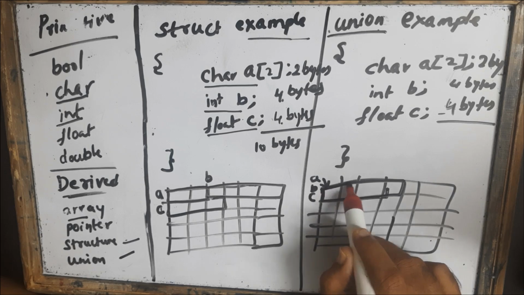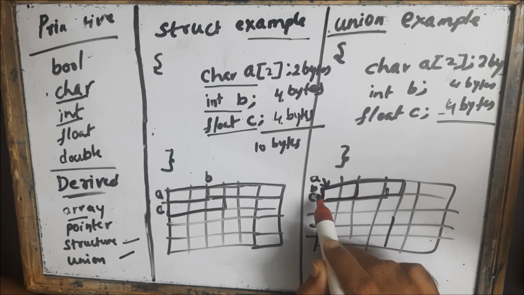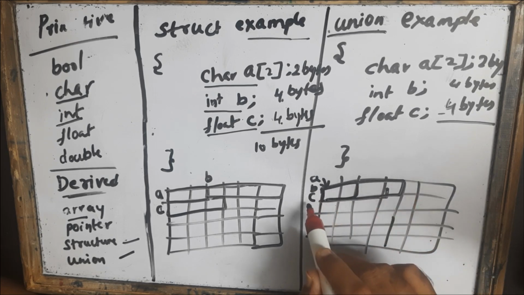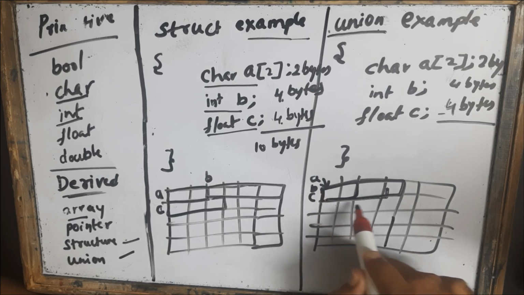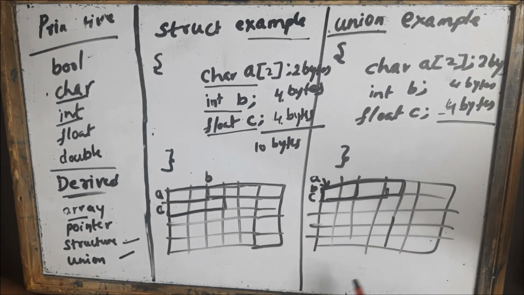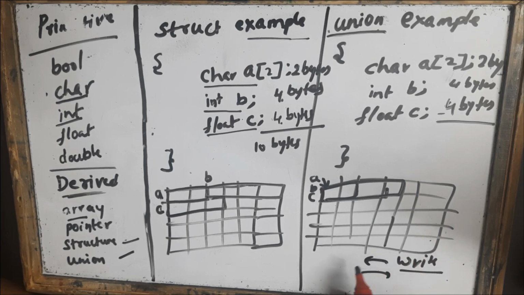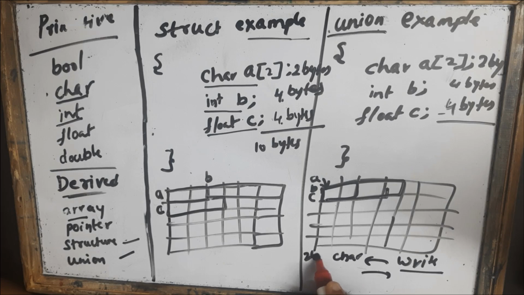Whenever you write, it will write into the same memory, but if you write character, it will write 2 bytes. If you write integer or float, it will write 4 bytes, but the same memory location.